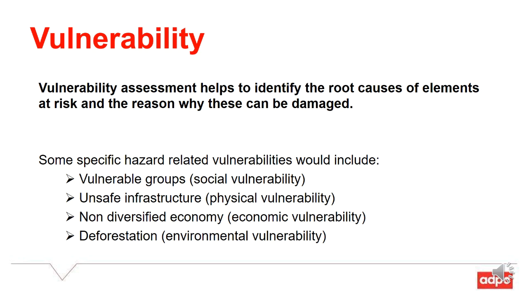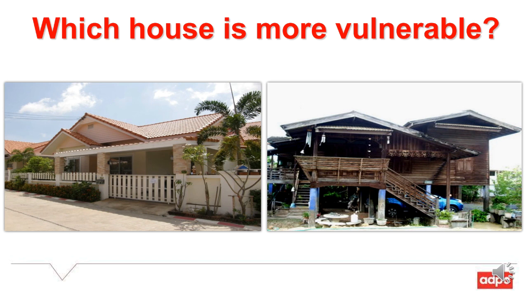Vulnerability assessment helps to identify the root causes for elements at risk and the reasons why these can be damaged. Some specific hazard-related vulnerabilities would include vulnerable groups, social vulnerability, unsafe infrastructure, physical vulnerability, non-diversified economy, economic vulnerability, and deforestation, like environmental vulnerability.